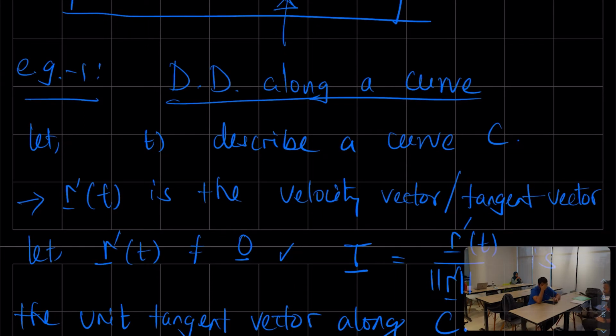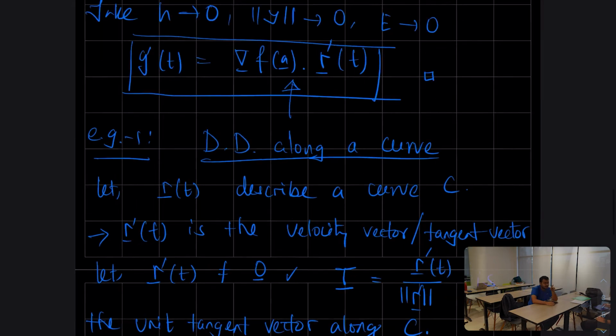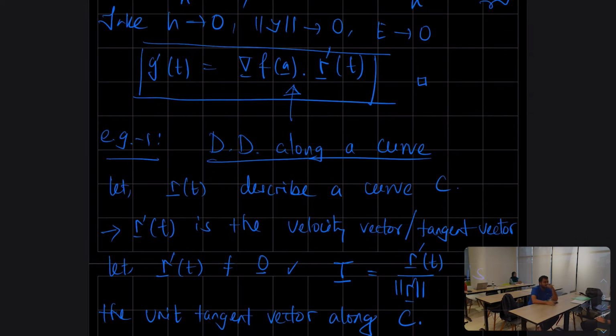You don't just go in and substitute. This is true for any vector, and we're doing it for the unit vector. If you understand that, I don't have to change anything. This is true for the unit vector as well. That's why we are calling it directional derivative along a curve, just the direction.